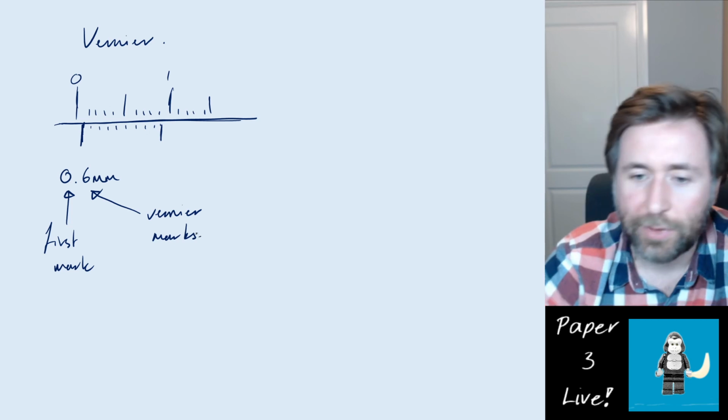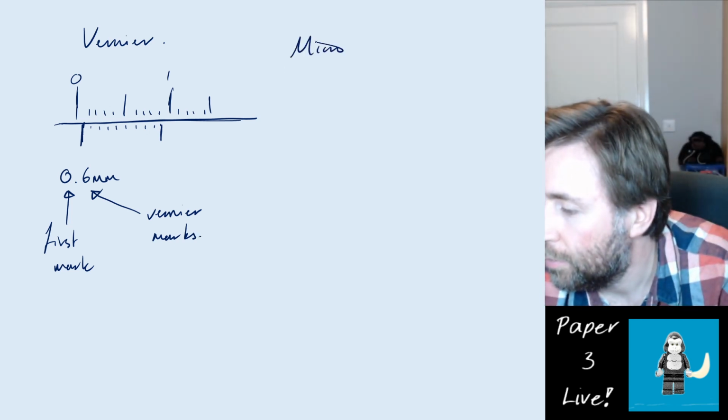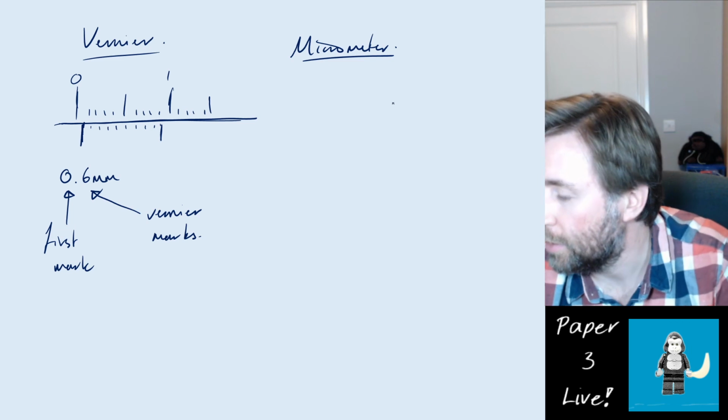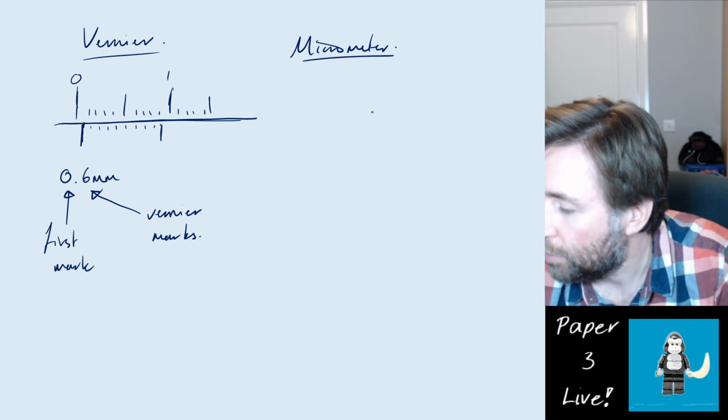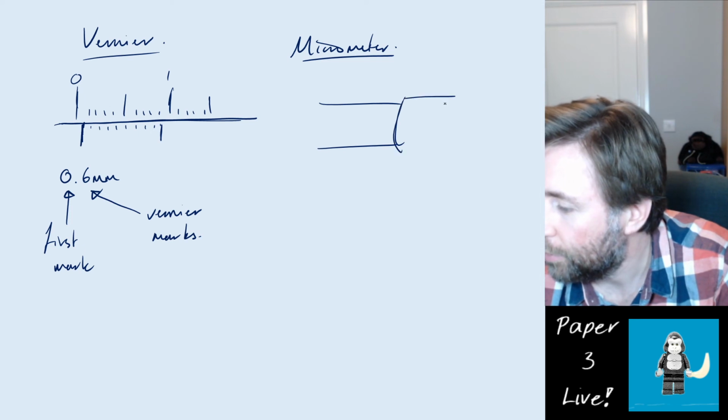Okay, now a micrometer has two things going on. It has the values on the drum and the values on the barrel. So what we're going to call this, this is the drum and this is the barrel.